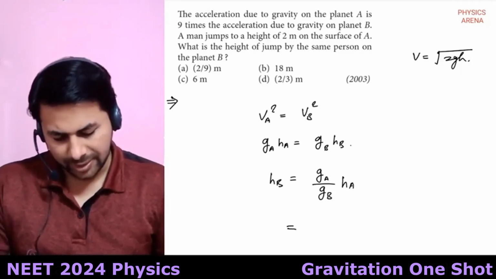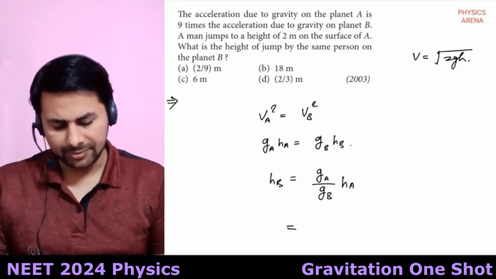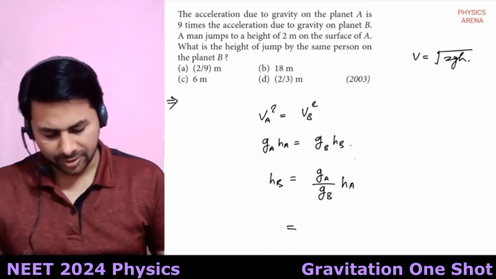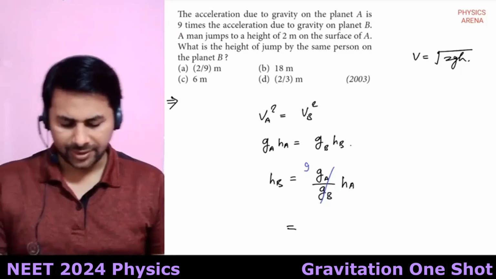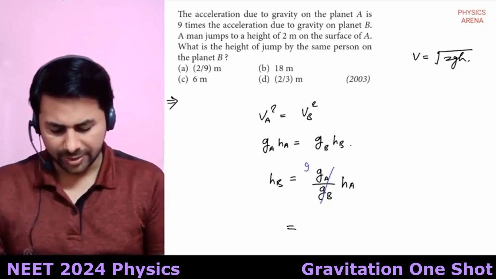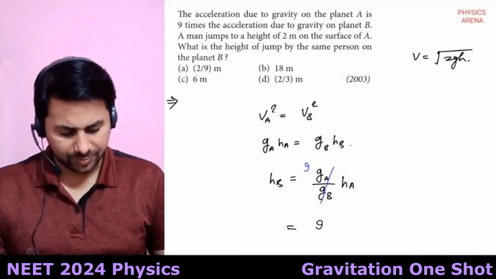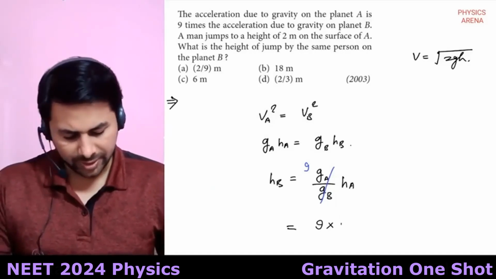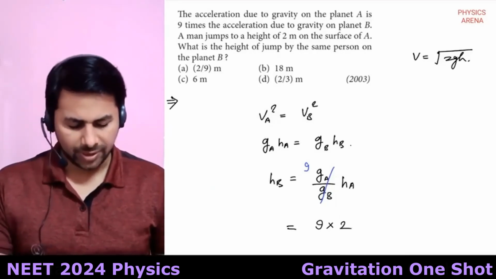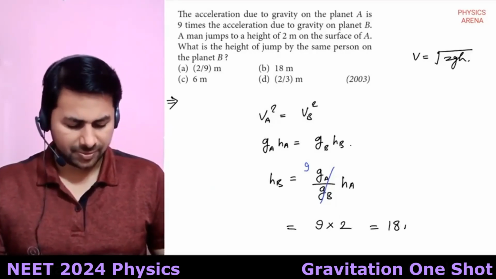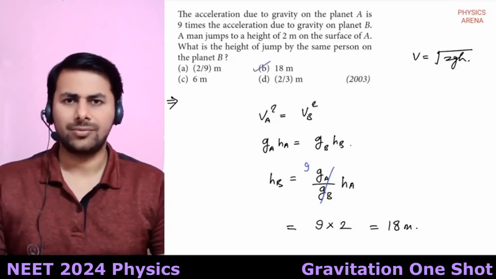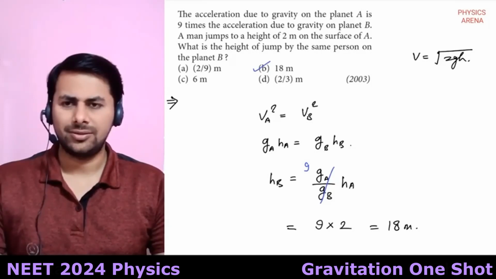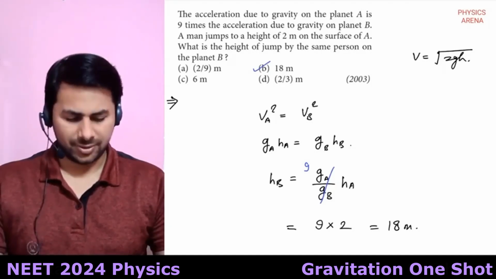And gravity on planet A is 9 times that of planet B, so this divided by this is 9. It is 9 times hA. How much is hA? 2. So 9 times 2, 18 meters. This is the answer. Is this clear? Okay.